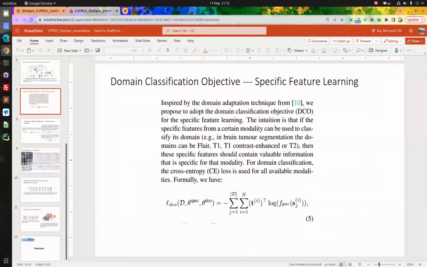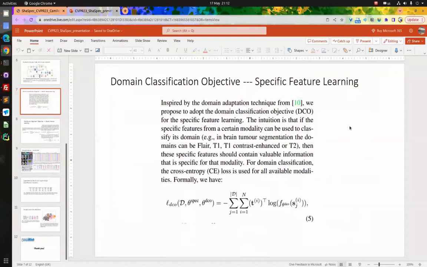Now let's talk about the two types of objective functions in detail. We first look at the domain classification objective, which is for specific feature learning. Inspired by domain adaptation techniques, we propose to adopt a domain classification objective, DC for short, for specific feature learning.